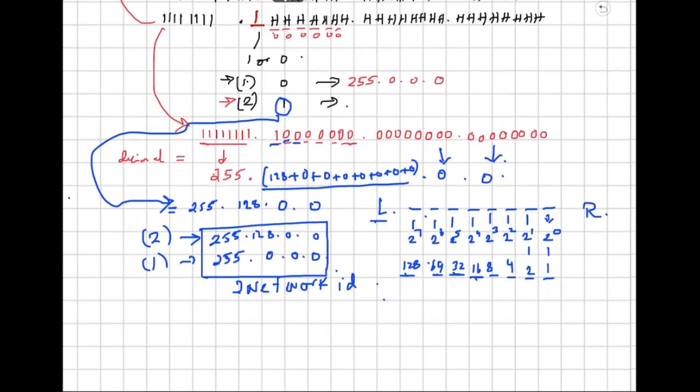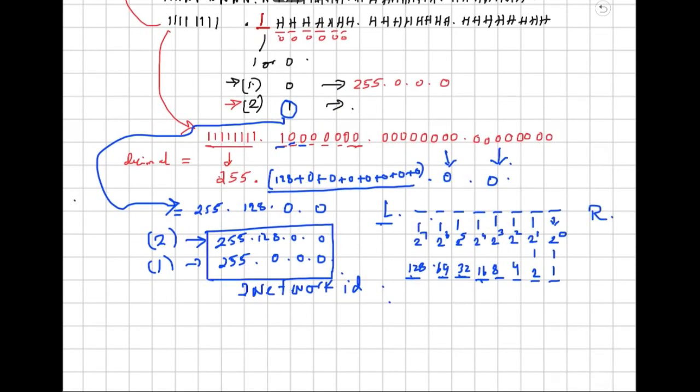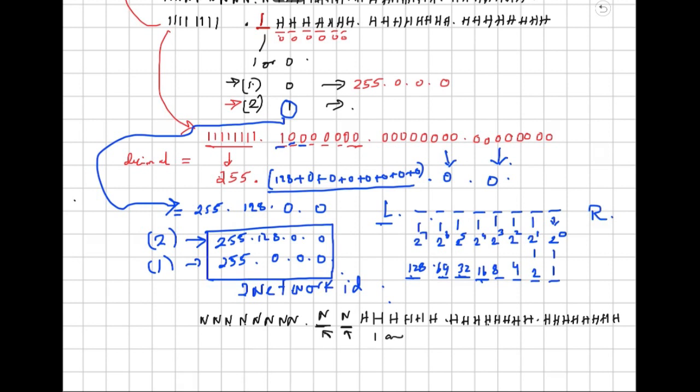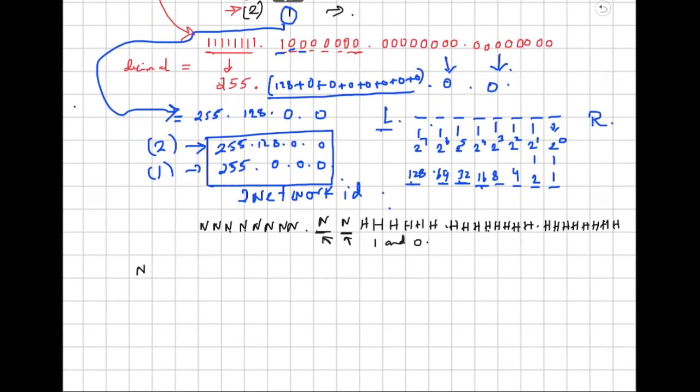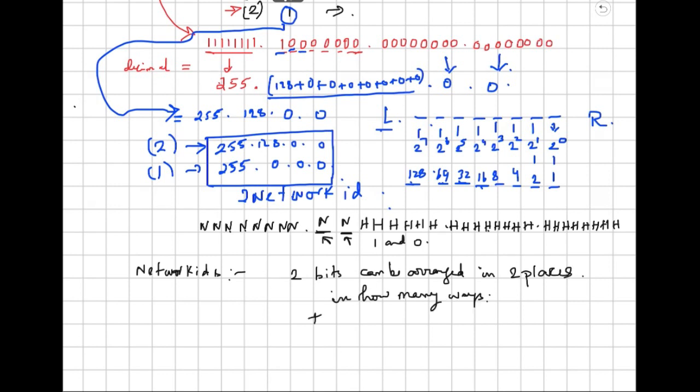In a similar way, by borrowing 2 bits, now two places can be filled with 1 and 0. That means how many network IDs are possible here? In how many ways can 1 and 0, or 2 bits, be arranged in two places? This is a permutation.